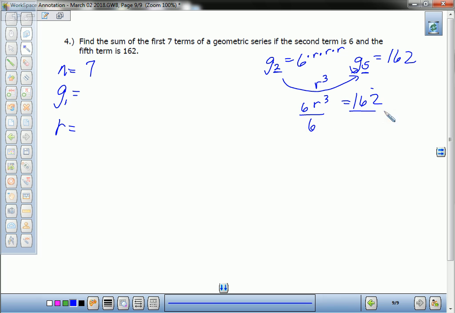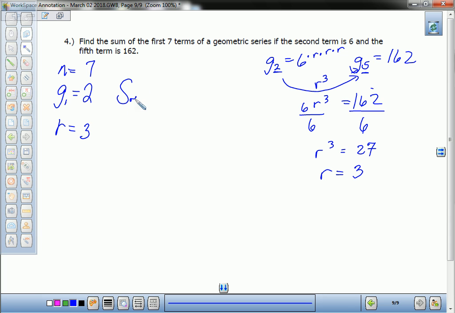So now we solve for R. So we get R cubed equals 27. Oh, that works out nicely, doesn't it? Because what is R? 3. So now we know R is 3. So if I multiplied the first term by 3 to get 6, I divide by 3, and I know my first term is 2. Now I have everything I need.